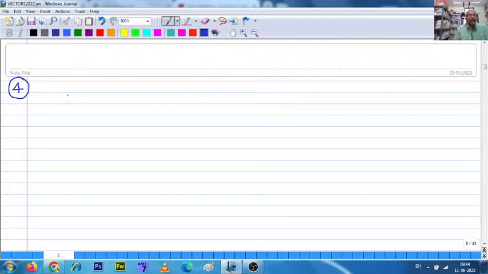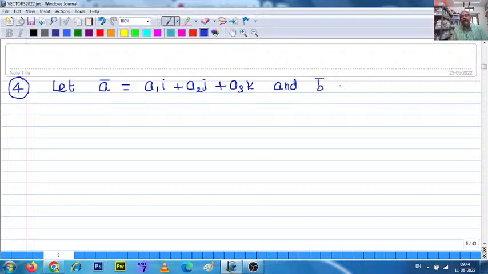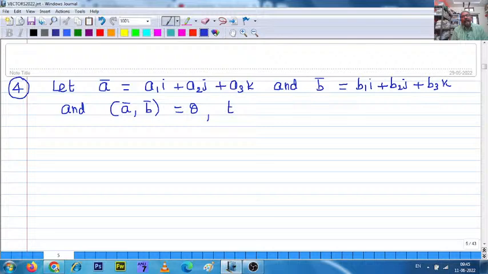Let a bar equal a1 i plus a2 j plus a3 k, and b bar equal b1 i plus b2 j plus b3 k, and the angle between a bar and b bar is theta.